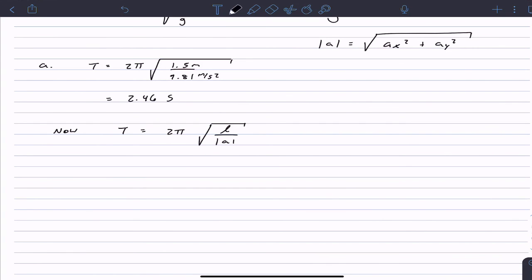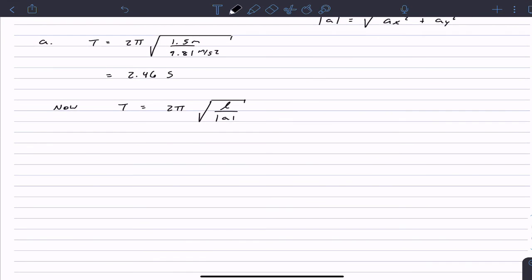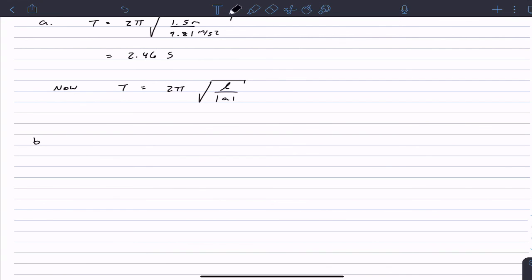Okay, so now we have an elevator accelerating upwards at 2 meters per second squared. So our acceleration is going to be 9.81 meters per second squared in the y-hat direction, right?